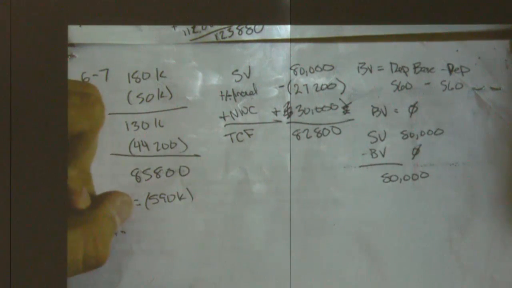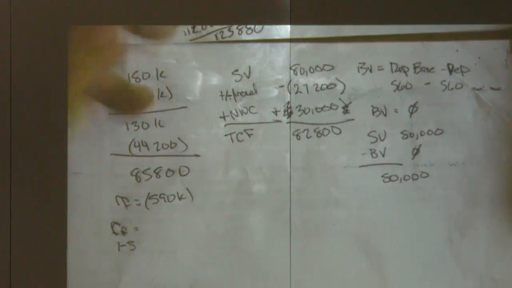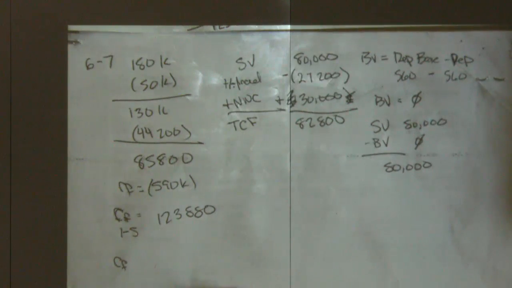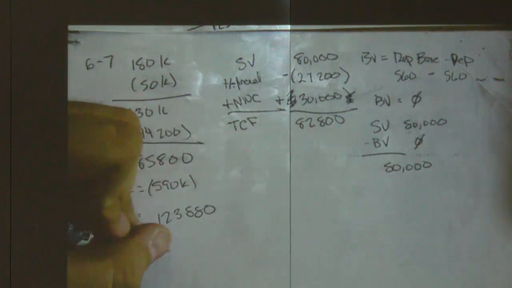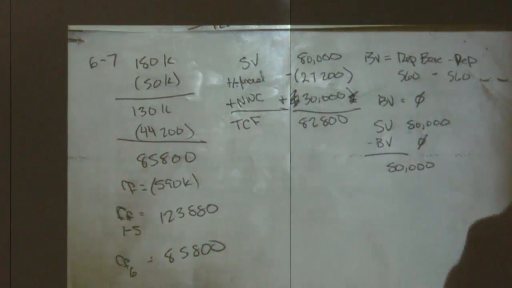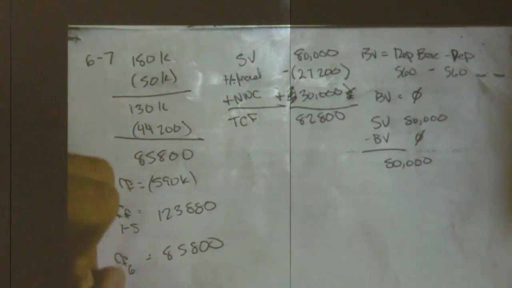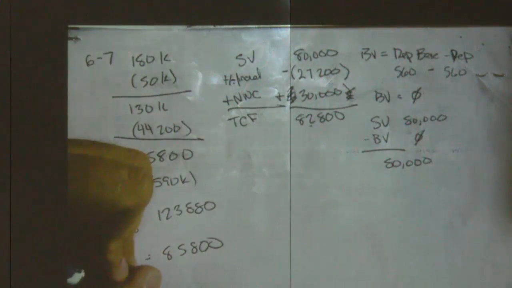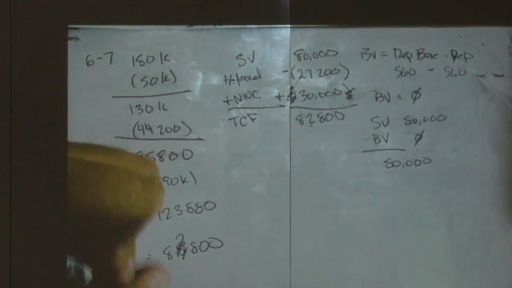Then years 1 through 5 would be the cash flows of 123,880. Cash flow of year 6 would be 85,800. Now you want to be careful on that last year. You have to add your terminal cash flow to that ending annual cash flow for that last year. So your terminal cash flow for year 7 would be the 82,800.